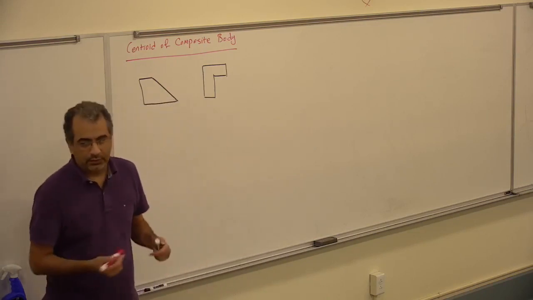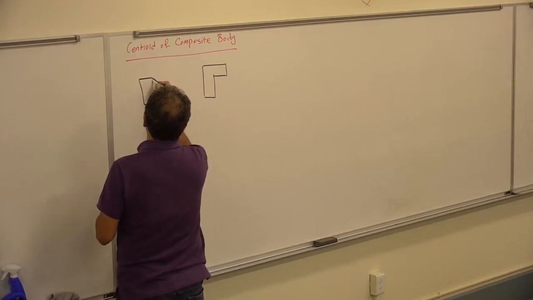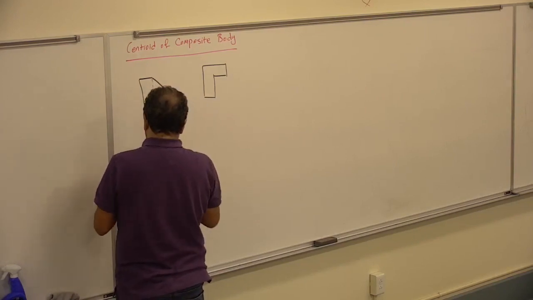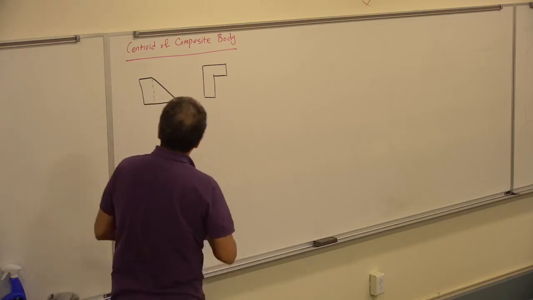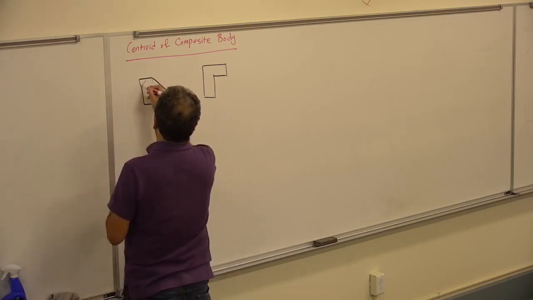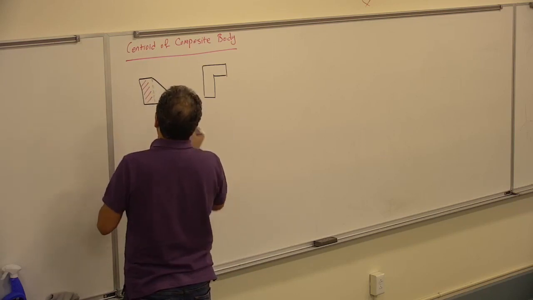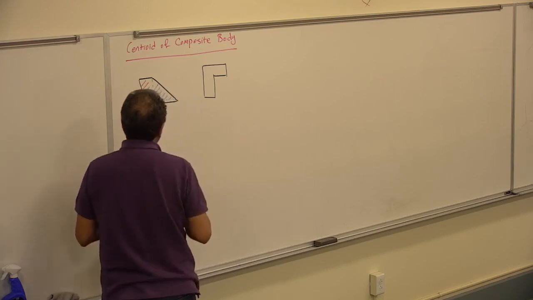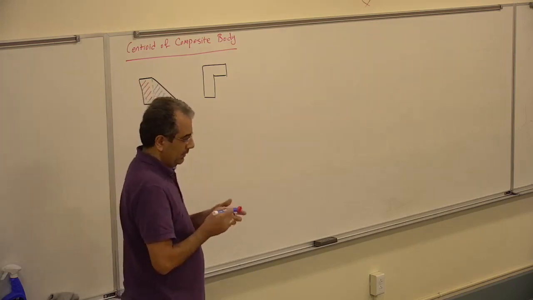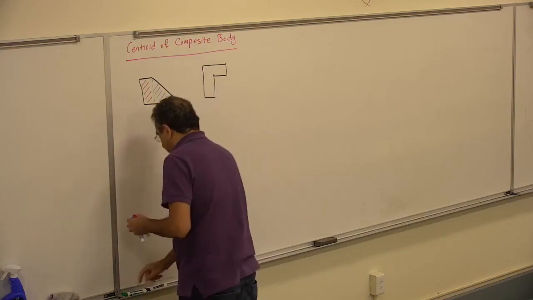If I have shapes like this, I can go ahead and break them into the shapes that I already know their centroid. For example, I can go ahead here and break it down in two shapes. Let's say this part here and this part here. I can break it in two shapes that I know their centroid. The same here as well.